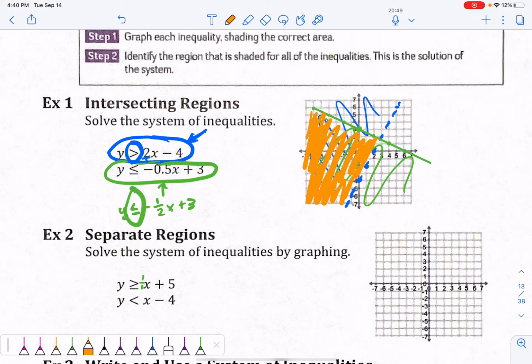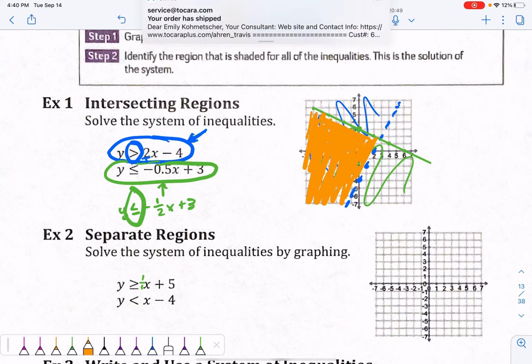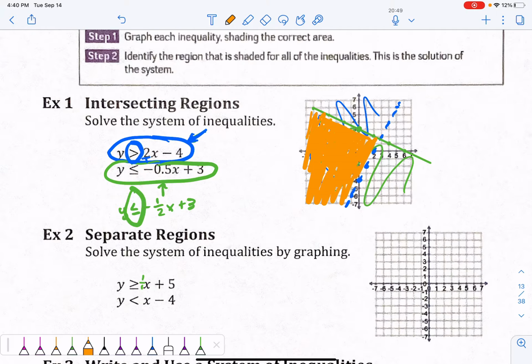When you're doing this on your homework assignment, I give you a worksheet, so make sure you have a copy of that, and we do the odds on both sides. Your solution region is going to be shaded in really dark, so make sure you shade it in really dark.